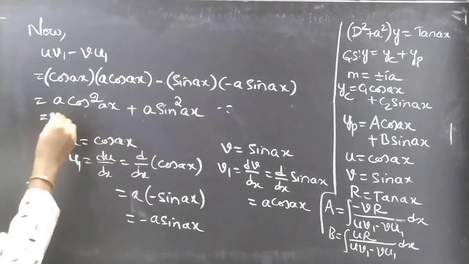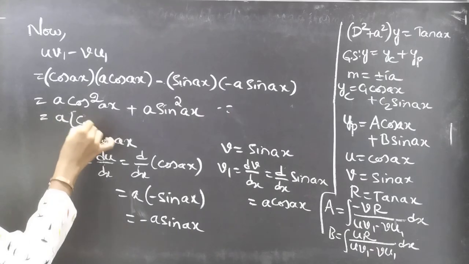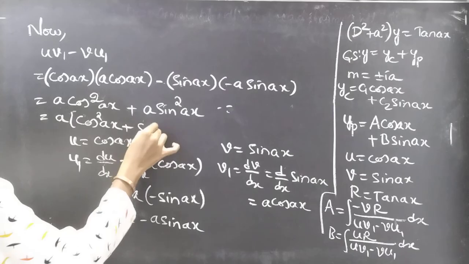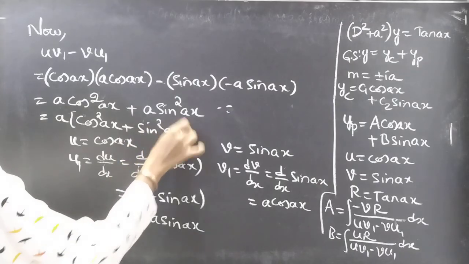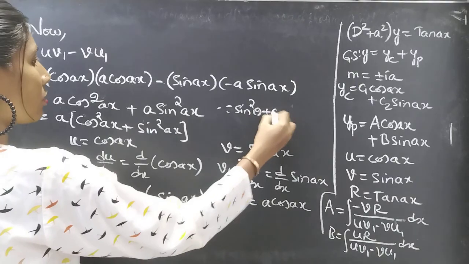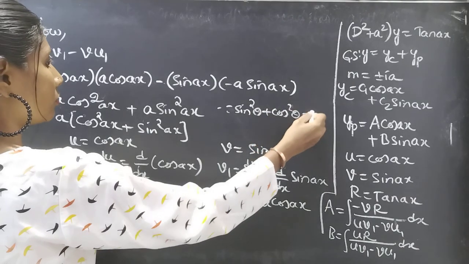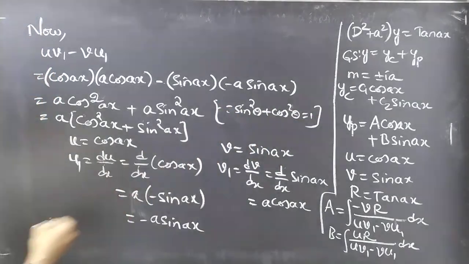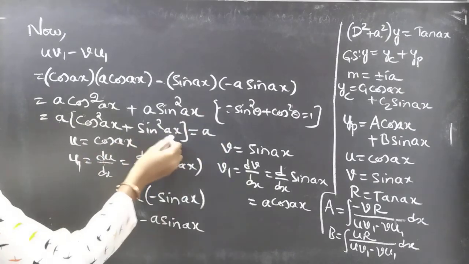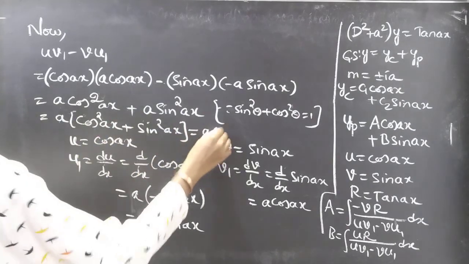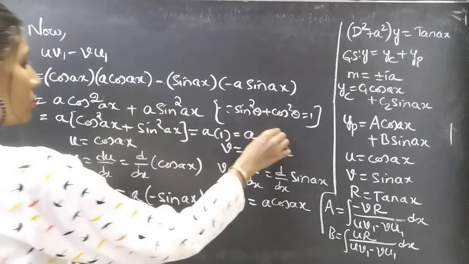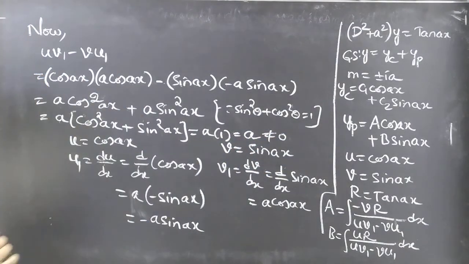Just take a common from these two terms, we'll get a times cos square ax plus sin square ax. Since we know that sin square theta plus cos square theta equal to 1, we have an identity, right? Then this equals a into 1, which equals a, non-zero, right?